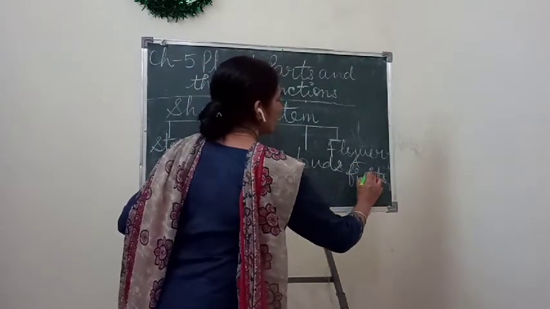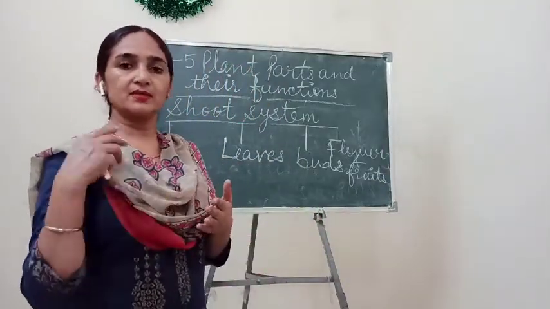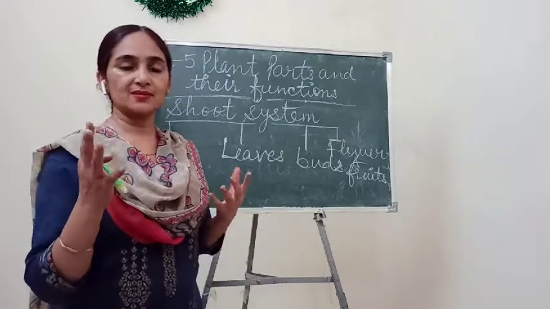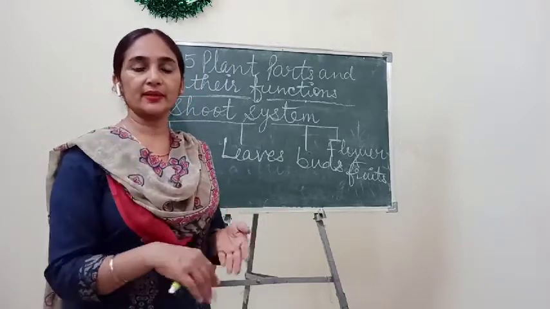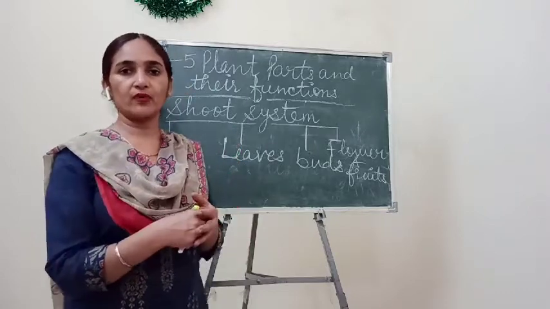And you know that fruits are the main source of food, as well as seeds are also a main source of food. You know that pulses, which you eat as dal, these pulses are a rich source of protein for us.